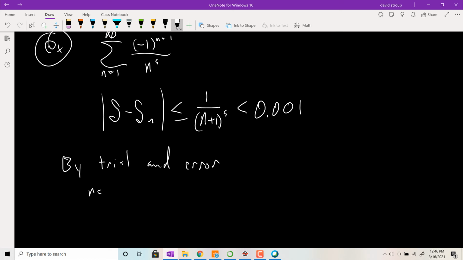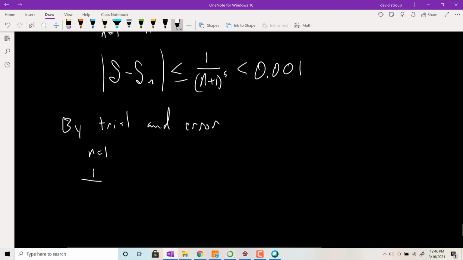So by trial and error, we let first n equal 1. Plugging into that expression, A sub n plus 1, we'd get 1 over 2 to the 5th, which is approximately 0.03, so that's not good enough.